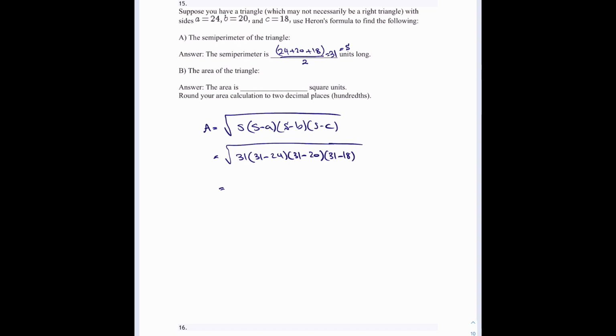I'm going to plug that into my calculator. I got 176.16 approximately square units, of course. So that is the answer for question number 15.